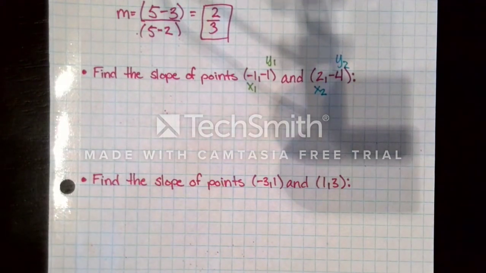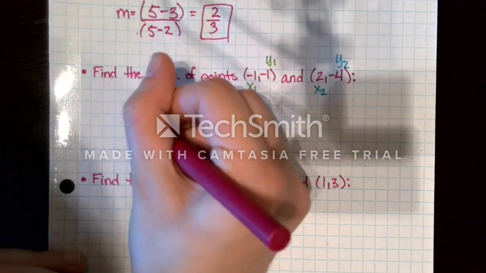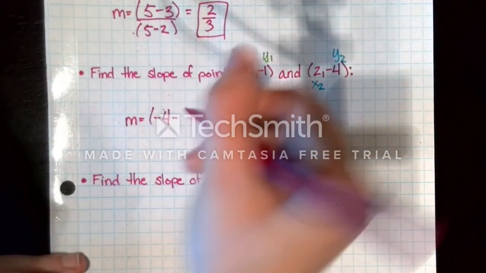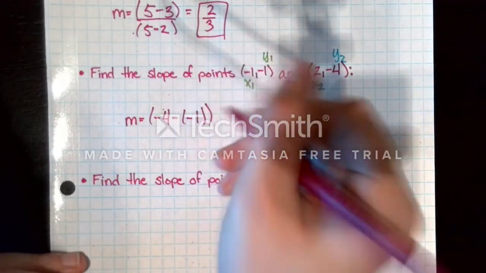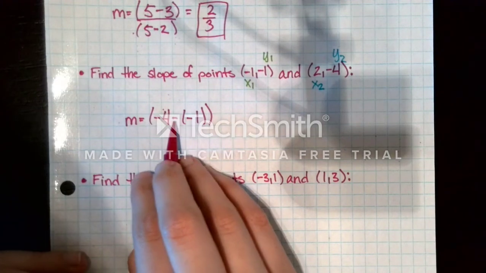So, plug them in. Your slope, again, is the difference between y2 and y1. Make sure that your minus sign doesn't take over your negative. They must both be there.